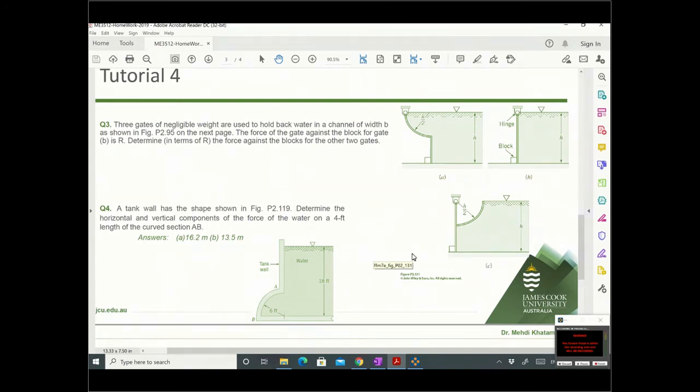Find that one and find the position. This one definitely is at the bottom. So how can you find it?